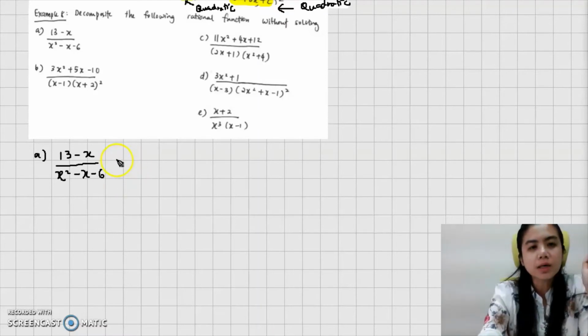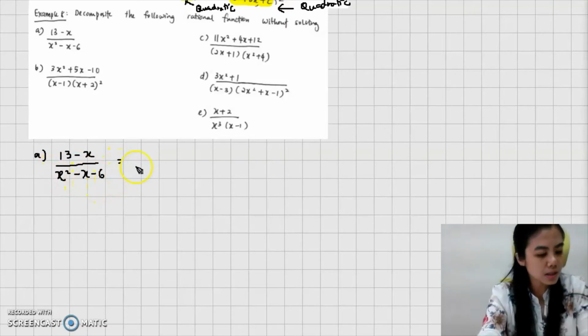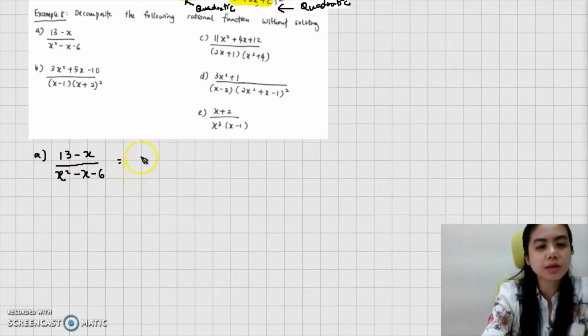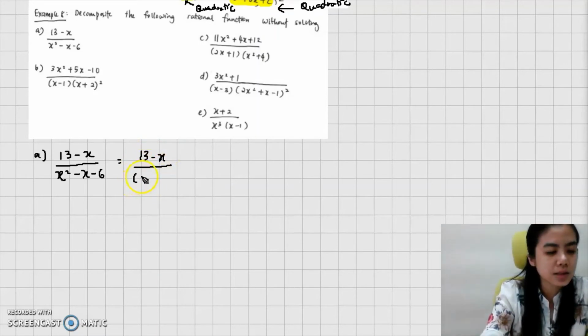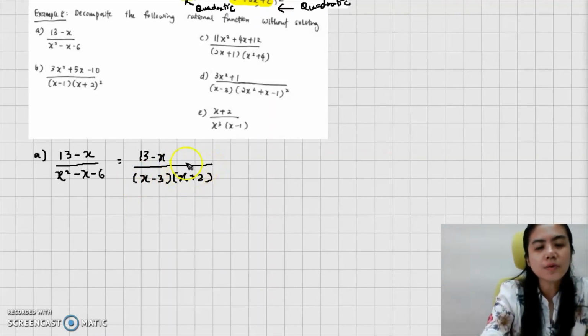So here, you may factor whatever is at the bottom, and you can factor it by using your calculator. At the bottom you will get x minus 3 and x plus 2. When we focus on the factors, you will see that inside a bracket, the highest power is power of 1.